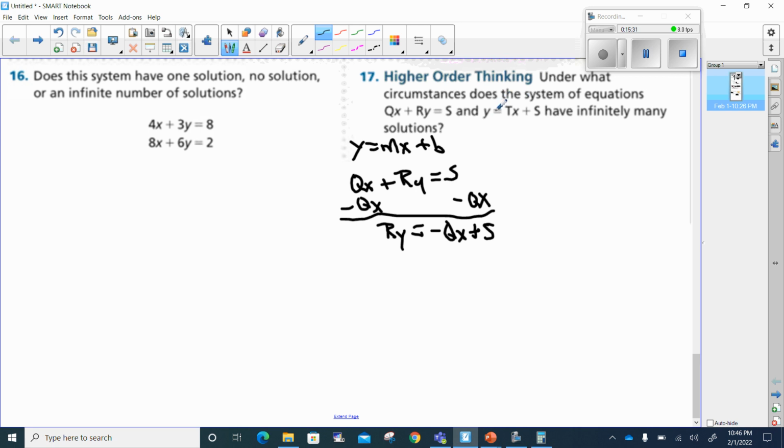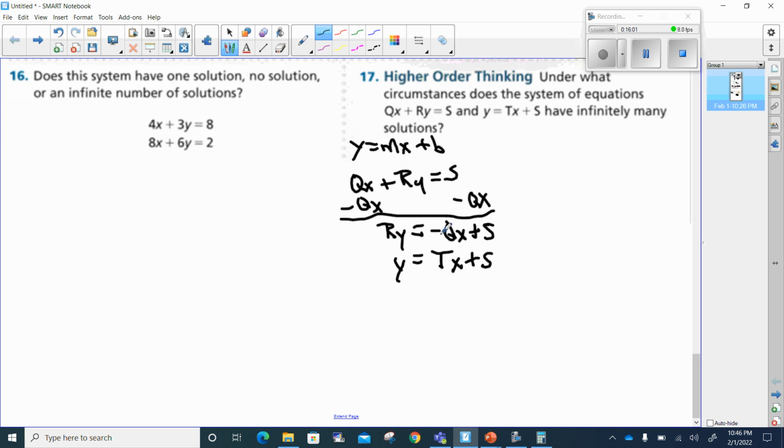It's already in the form of y equals tx plus s. Well, s is already the same. We don't know what s is, but we know that s is representing it as a variable. So if it's 5 here, it's going to be 5 here. So we know they're the same. To have infinitely many solutions, they have to be equal to each other.